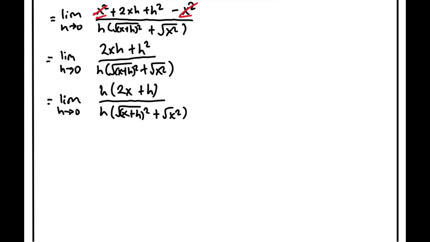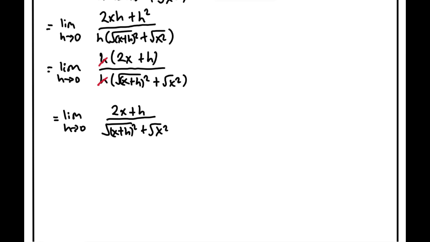Limit as h approaches 0. At this point, we can cancel h in the numerator and h in the denominator, leaving us with 2x plus h over the square root of (x plus h) squared plus square root of x squared. Limit as h approaches 0.